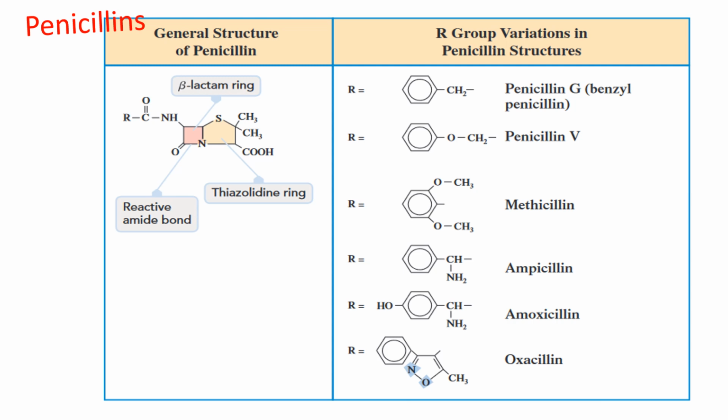Penicillins inhibit transpeptidase, an enzyme that catalyzes the formation of peptide cross-links between polysaccharide strands in bacterial cell walls. These cross-links strengthen cell walls.